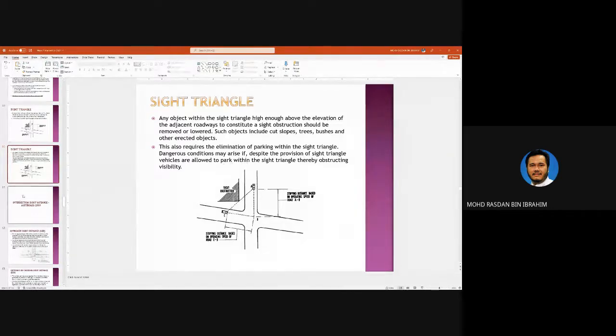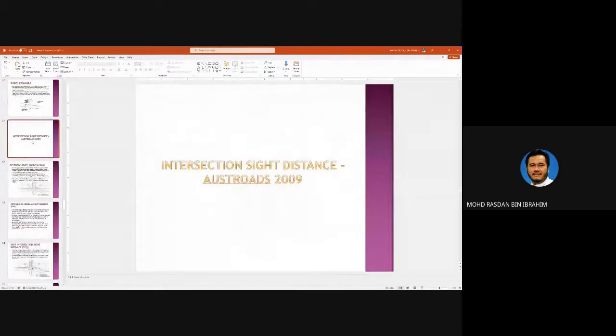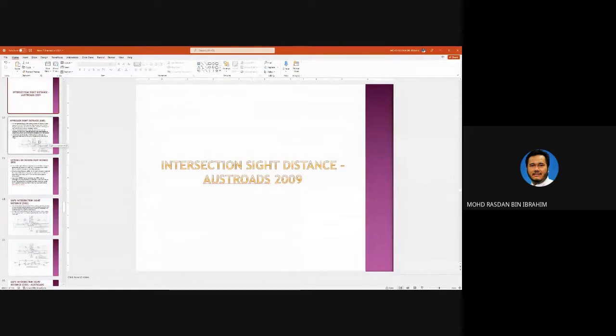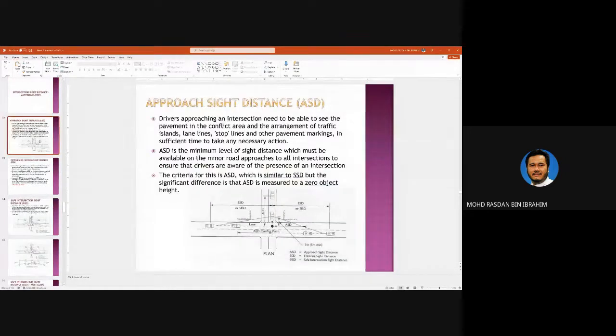Okay. So this is according to Austroads 2009. They have a little bit complete but slightly excessive measurement of sight distance for intersection areas. So the first one is approach sight distance, okay, ASD.